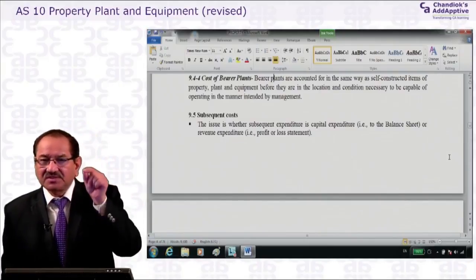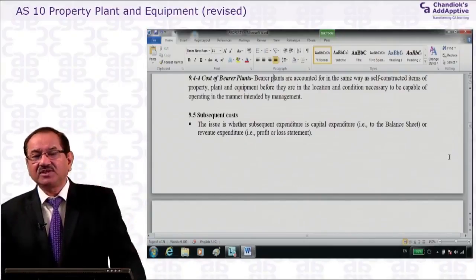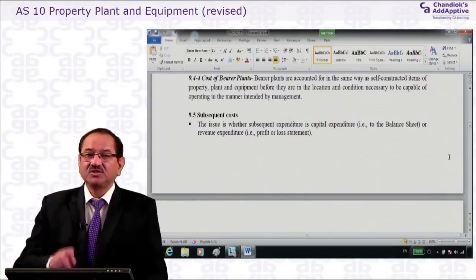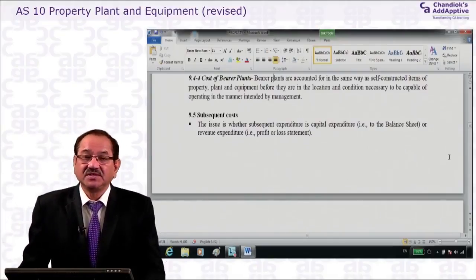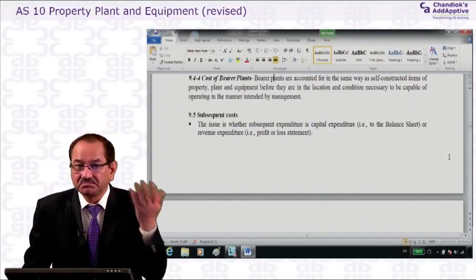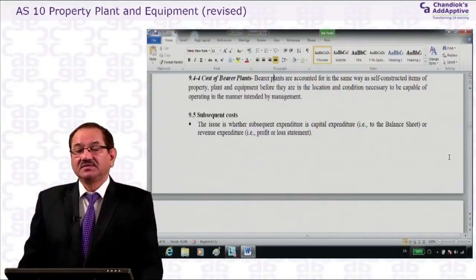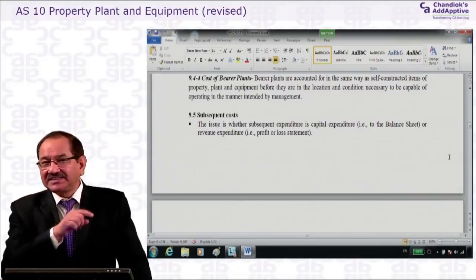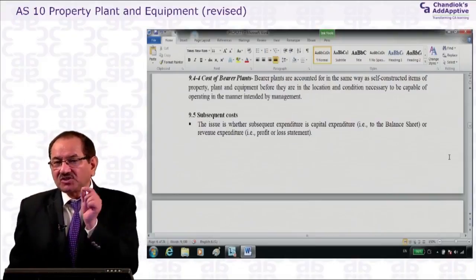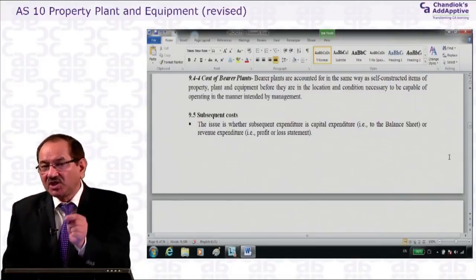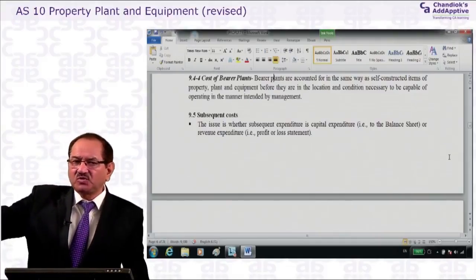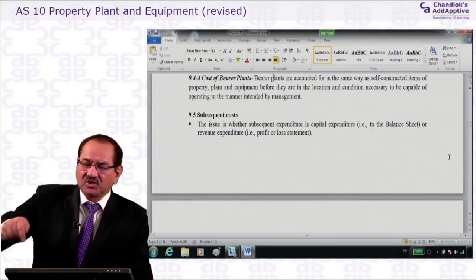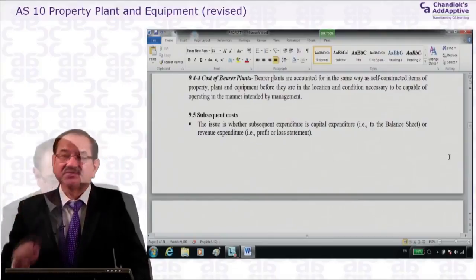Now on 31st March 2017, when your accounting year ends, you will present a financial statement to the users of the financial statements, to your shareholders, to the tax authority. The question here arises, the 20 crores of plant and machinery which you recorded on 1st April 2016, at what value will it be shown in the balance sheet, whether it will be 20 crores or something else.